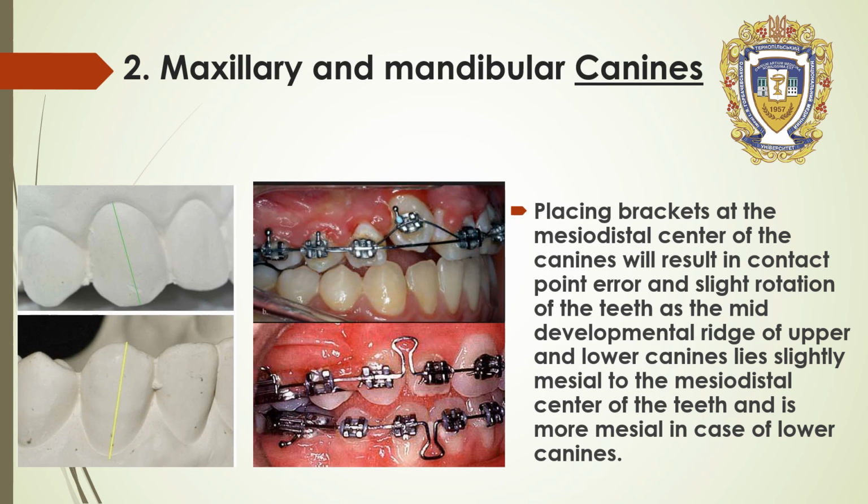Next group of teeth, canines, maxillary and mandibular canines. Placing brackets at the mesiodistal center of the canines will result in contact point error and slight rotation of the teeth. The mid-developmental ridge of upper and lower canines lies slightly mesially to the mesiodistal center of the teeth, and is more mesial in case of lower canines.